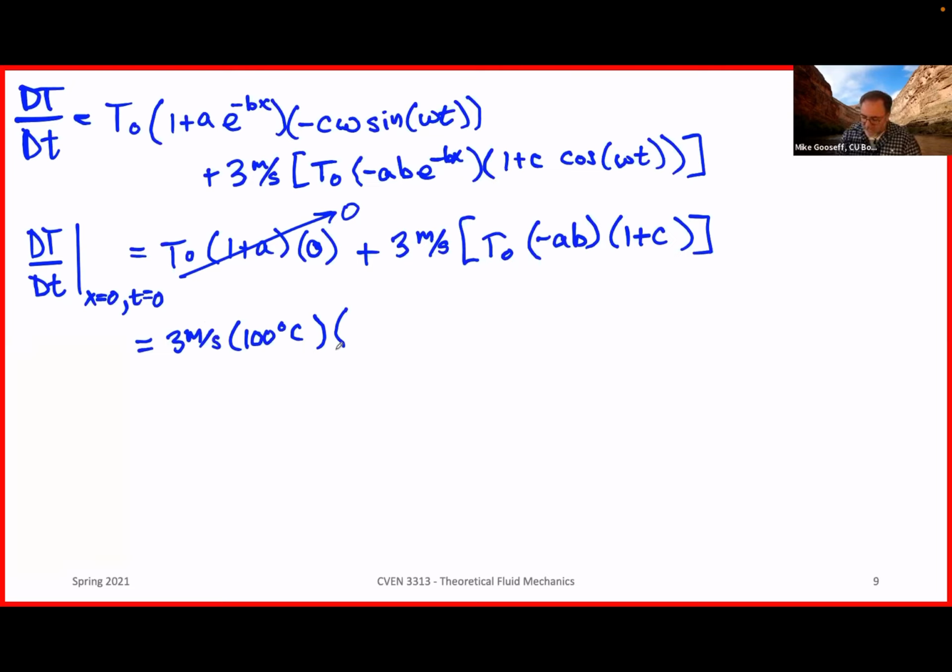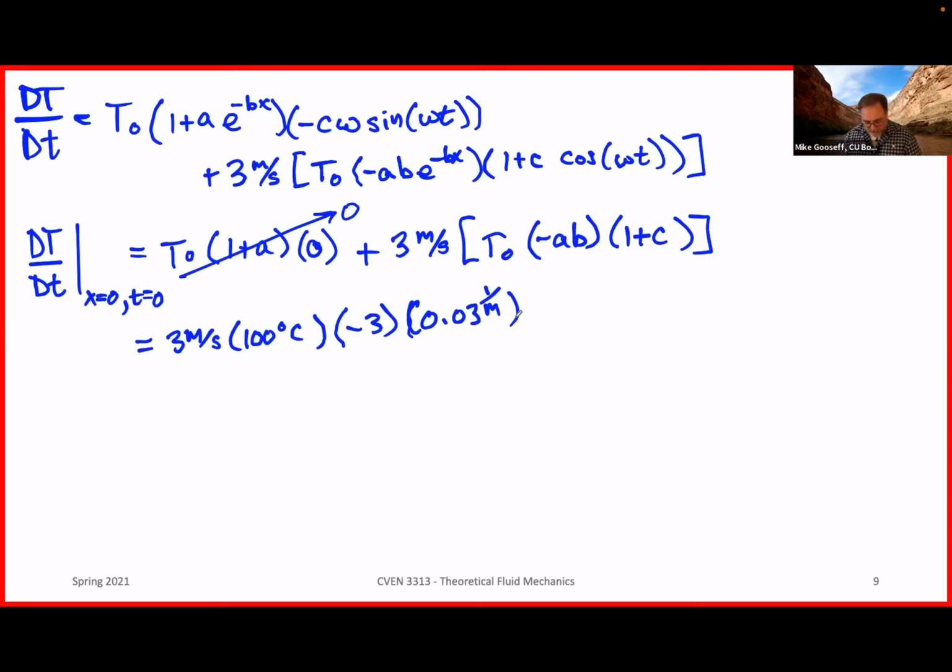Oh, we said a is 3. So this is, I'm just going to put the minus in here, minus 3. And then b we said was 0.03, 1 over meters, I think it was, meters to minus 1.